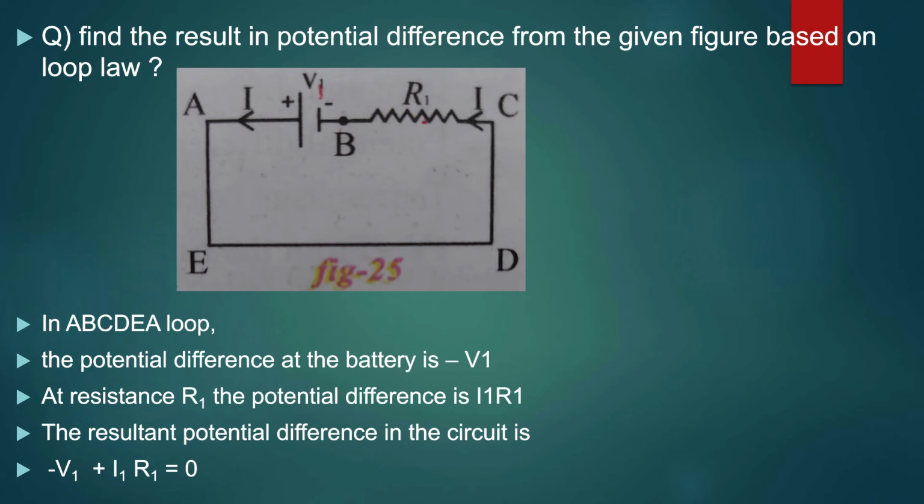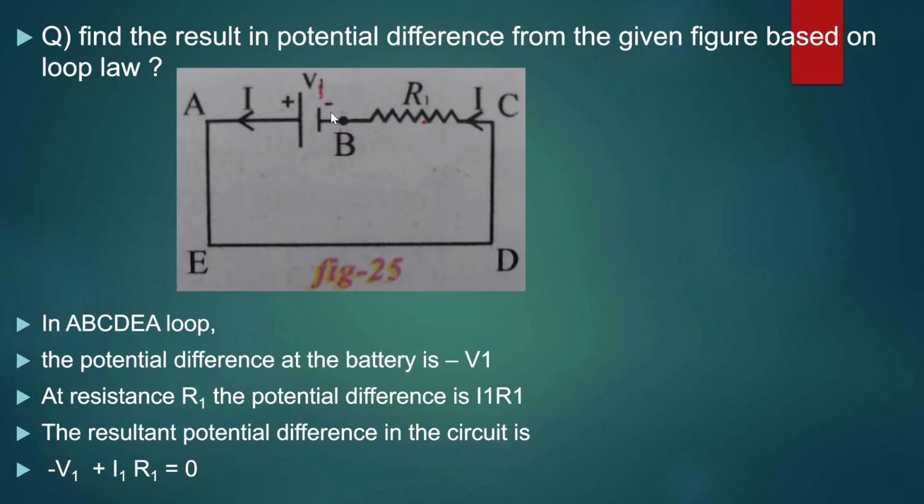Now let's solve a few problems based on Loop's law. Find the resultant potential difference from the given figure based on Loop's law. This is your whole circuit A, B, C, D, E. So in this particular loop, children, you see the potential difference across the battery, this is your battery, is minus V1.